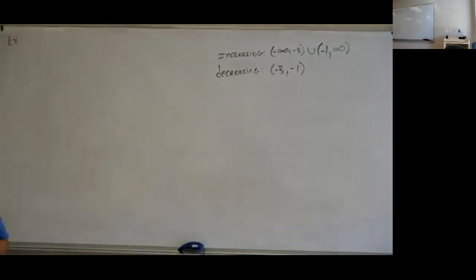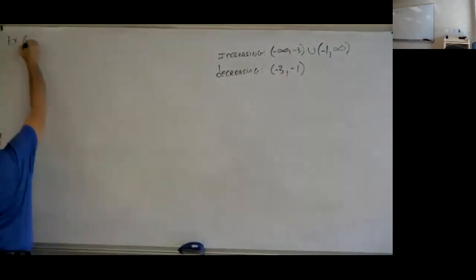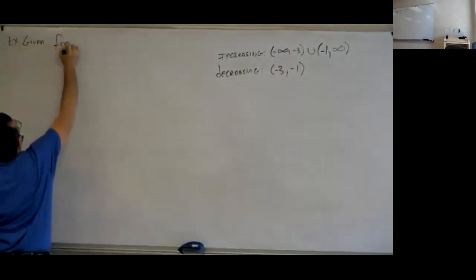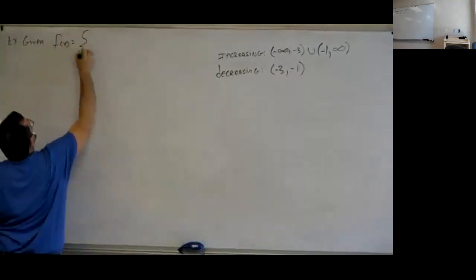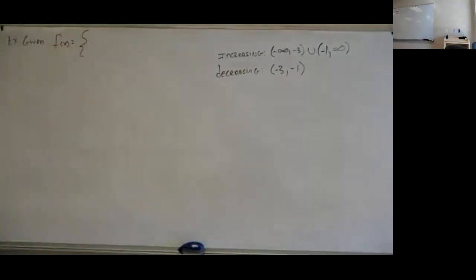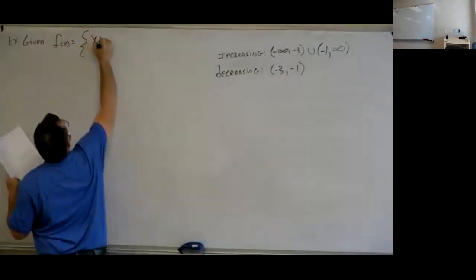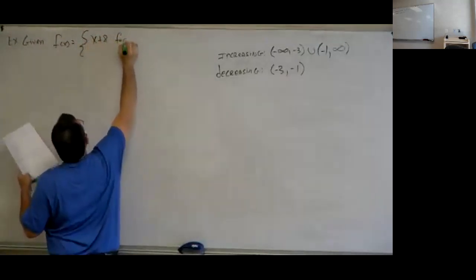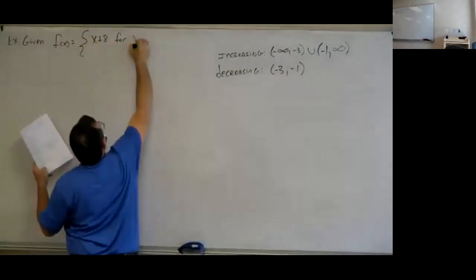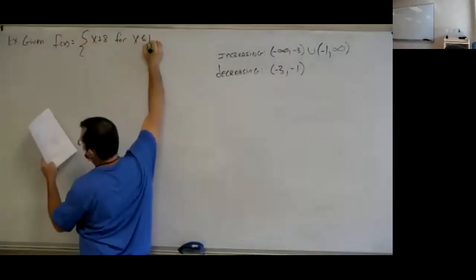So remember when I started, I said at the end we'll find those values for the piecewise functions. So here we go. Given f of x equals, I've only got two equations. It's going to equal x plus 8 for x less than or equal to 1.